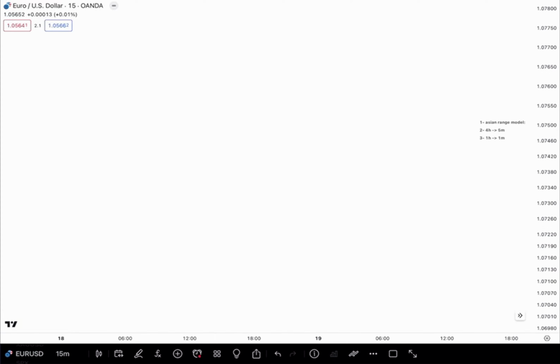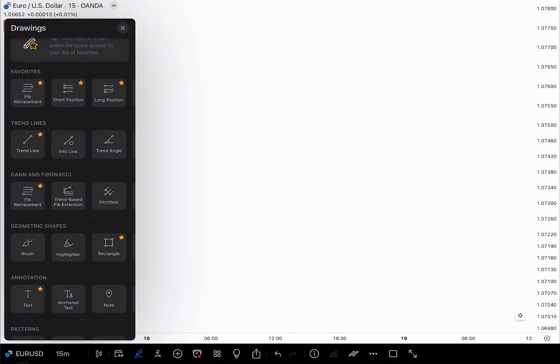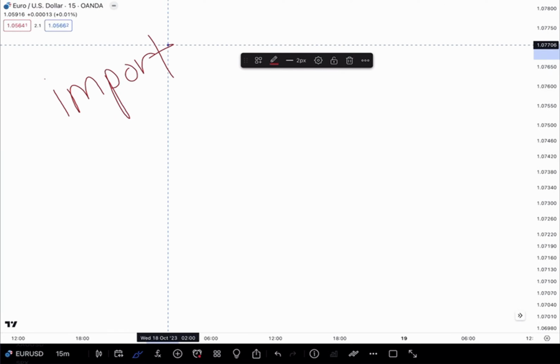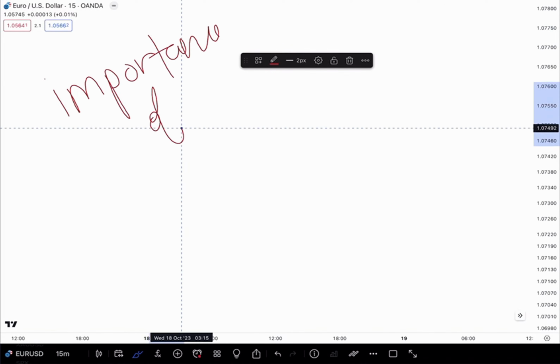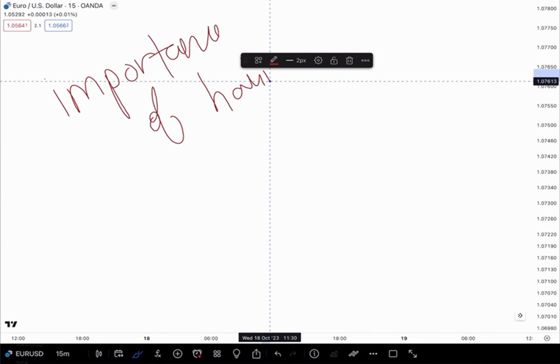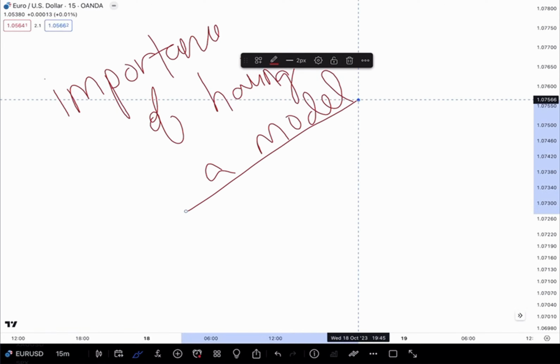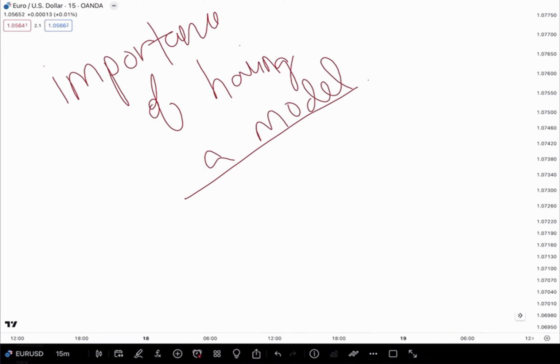Now before that, let's talk about the importance of having a model. What the average trader will do, and the average trader loses, 9 out of 10 average traders lose their money, right?